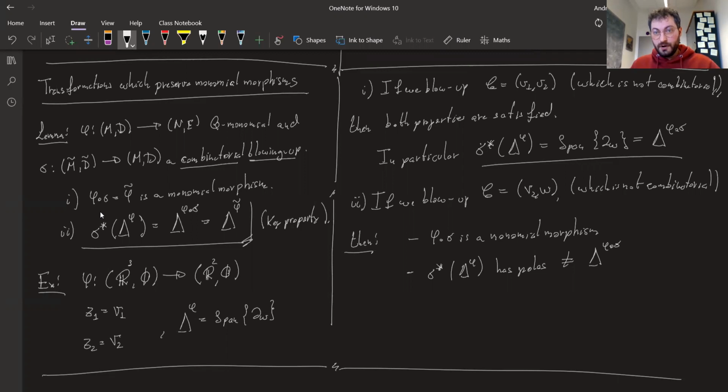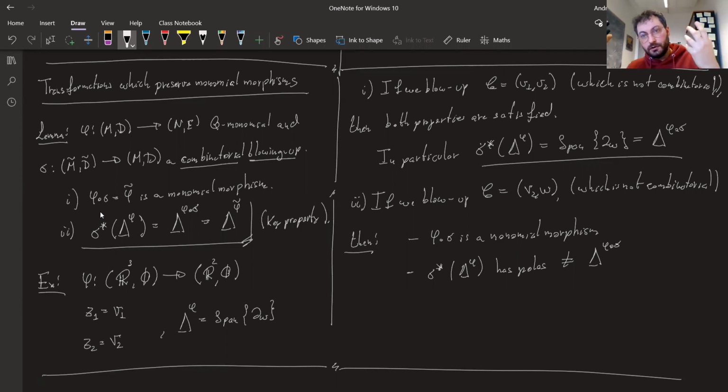So from now on, we're going to think combinatorial is not going to be enough, but we want to have a property on the sequence of blowings up which allows us to have control. We call this the key property because it allows us to have control later on some chain of ideals. This is what we are searching for here too. But instead of just talking about combinatorial blowings up, we're going to talk about sequences of blowings up which satisfy this property.